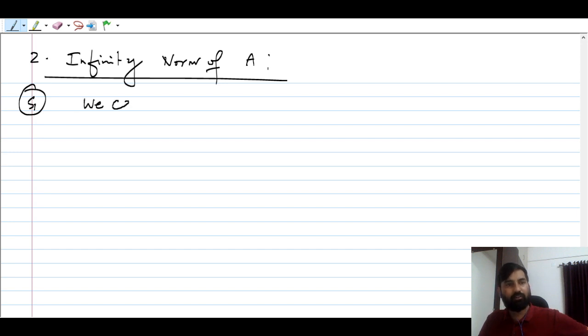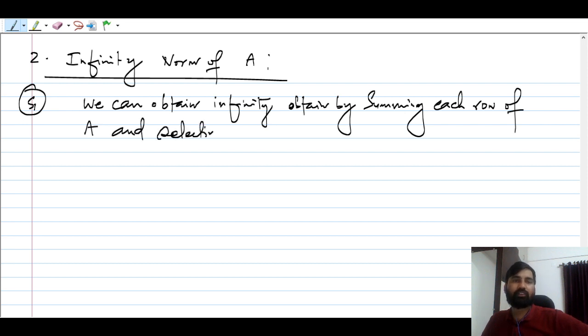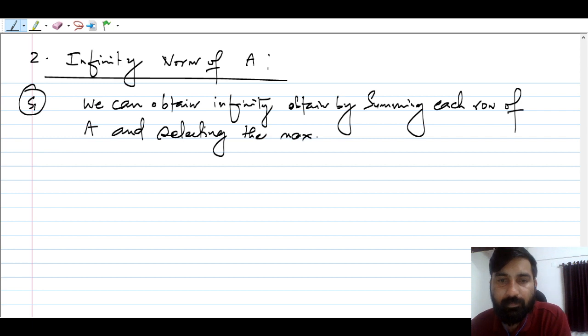We can obtain infinity norm by summing each row of A, okay, and selecting the maximum, okay. I think this is clear, right?